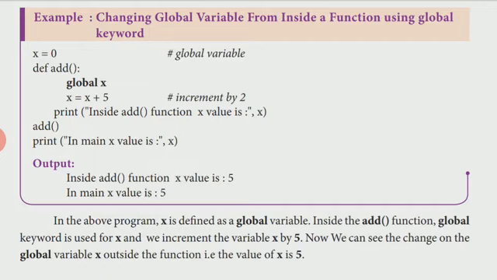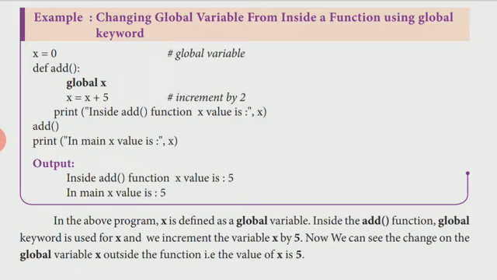X equal to 0, def add, global x, x equal to x plus 5, print inside add function x value is x. Next, call add, print in main x value is. First, the global variable is declared as x equal to 0. After that, inside the function they called the x value. After that they add x equal to x plus 5.